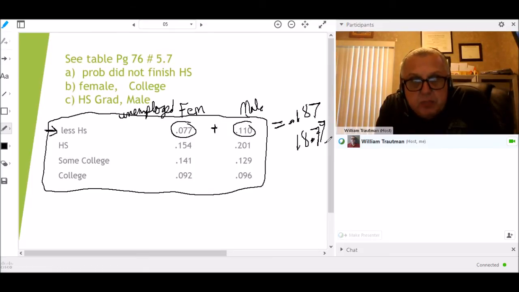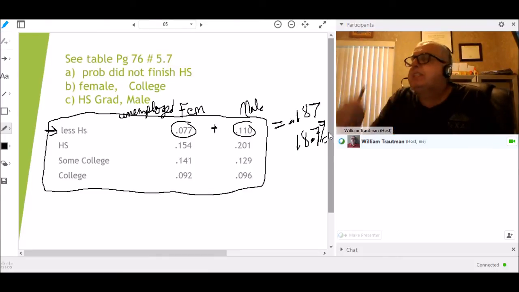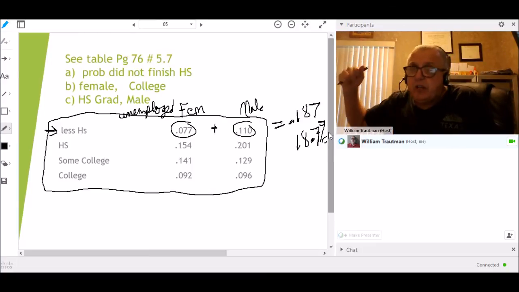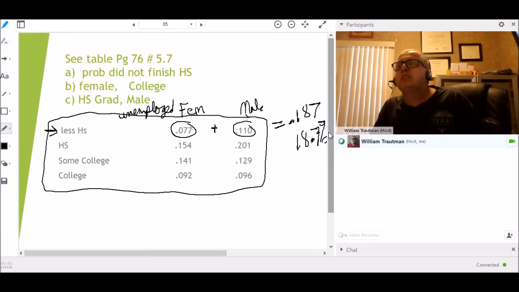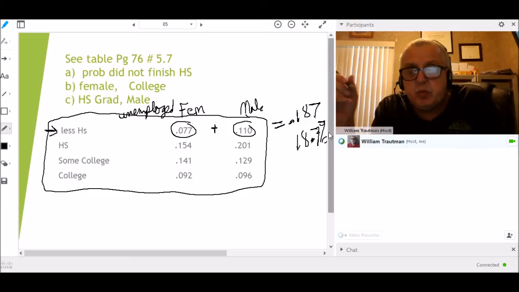So if I pick one person at random, they have an 18.7% chance of not having a high school diploma, because 18.7% of these people do not have a high school diploma.